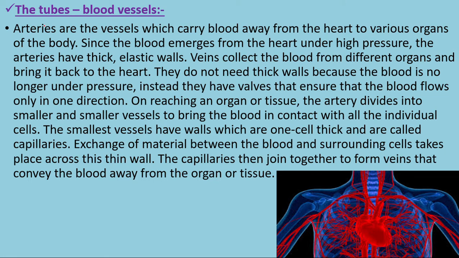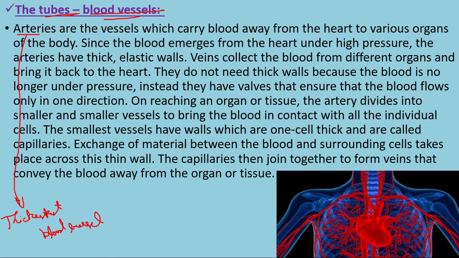So now we are studying the blood vessels, that are the tubes. Arteries are the thickest blood vessels in our body, which pump the oxygenated blood to all parts of the body.